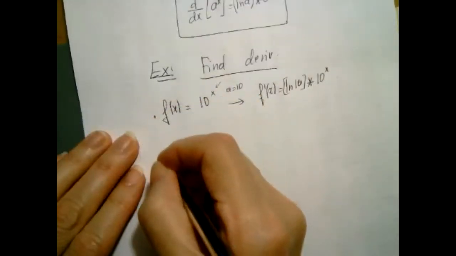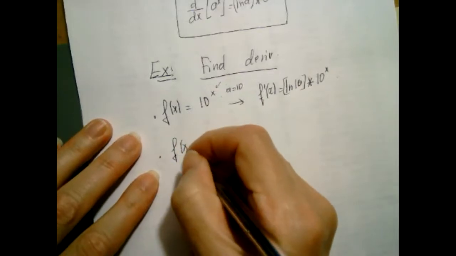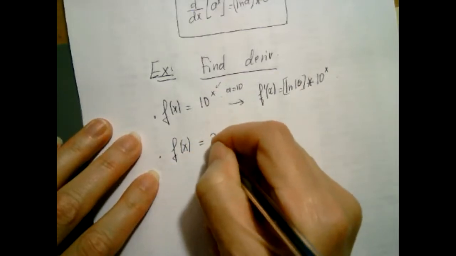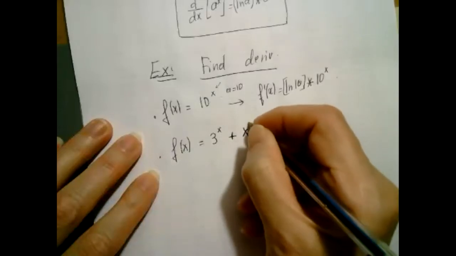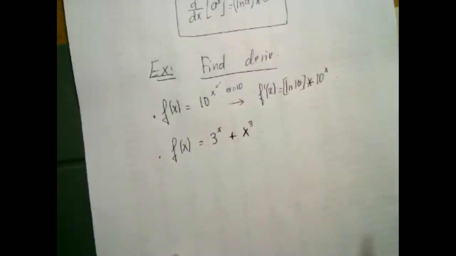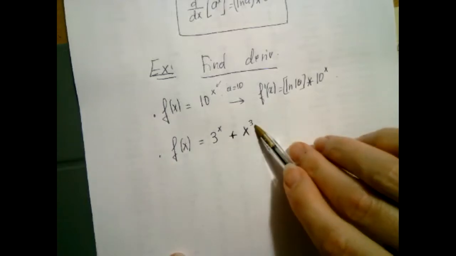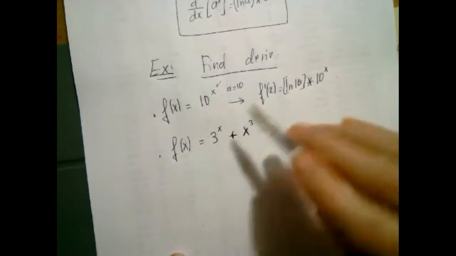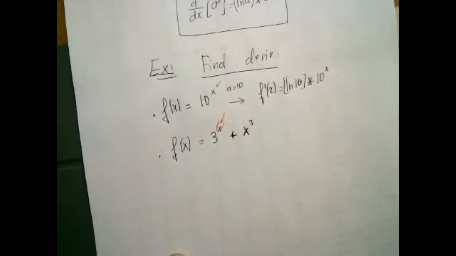So let us do 3 simple applications. Suppose f of x equal 3 to the x plus x cubed. Watch here, those are very different types of function. That's a power function, x cubed. That's an exponential, because in this scenario the variable is a power.